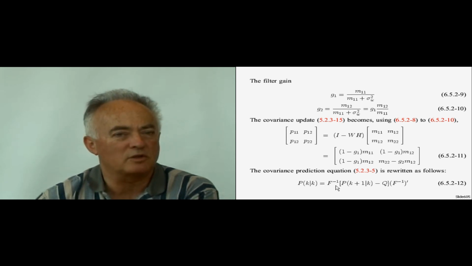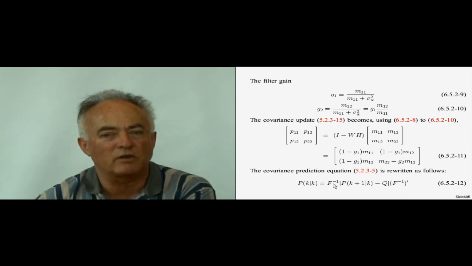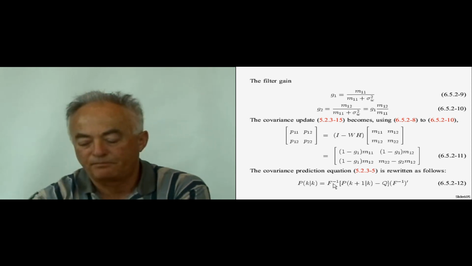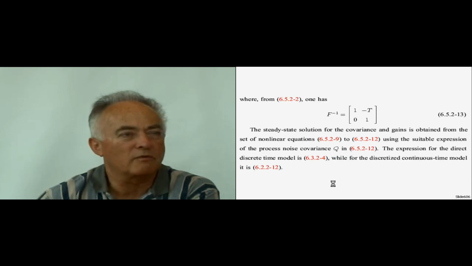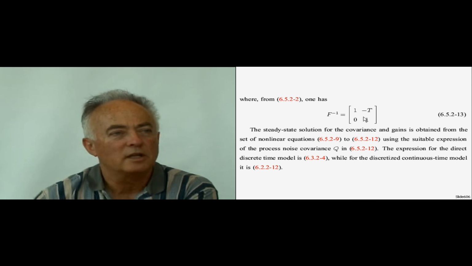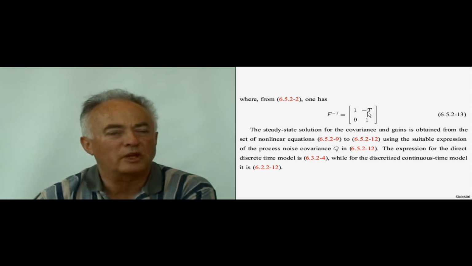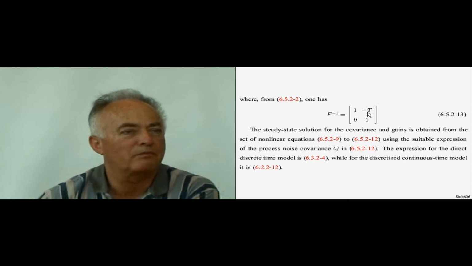Now remember, F is a double integration. In discrete time, it has two unity terms on the diagonal. It's an upper triangular matrix, so clearly it has two unity eigenvalues, so there's no inversion problem. F is invertible, and here is the expression of F inverse. This is like, instead of propagating one step forward, the equivalent of propagating one step backward.